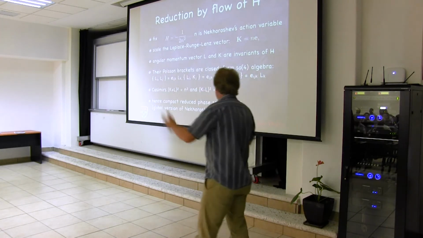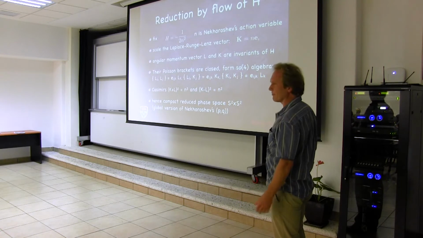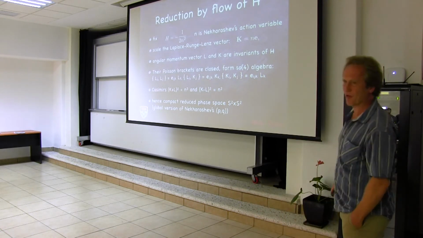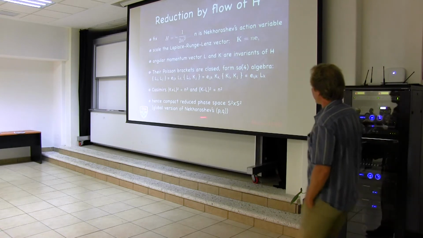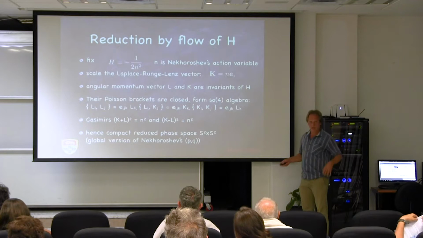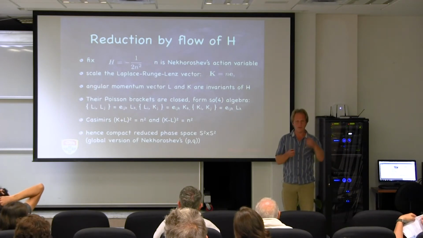From a general theoretical perspective, you would just say the coadjoint orbit of SO4 is S2 cross S2, but this is the down-to-earth way of computing it. Coming back to Nekhoroshev's P's and Q's, Nekhoroshev was a local statement. He says he can choose these coordinates I and phi.